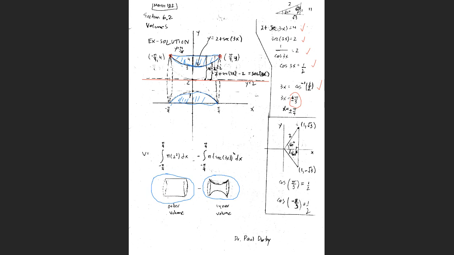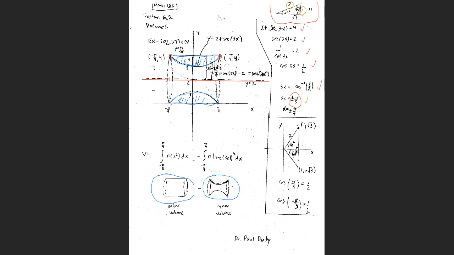And incidentally, if you think about your 30-60-90 triangle, the cosine of 60 degrees, which is adjacent over hypotenuse, is 1 over 2. So that's the pi over 3.